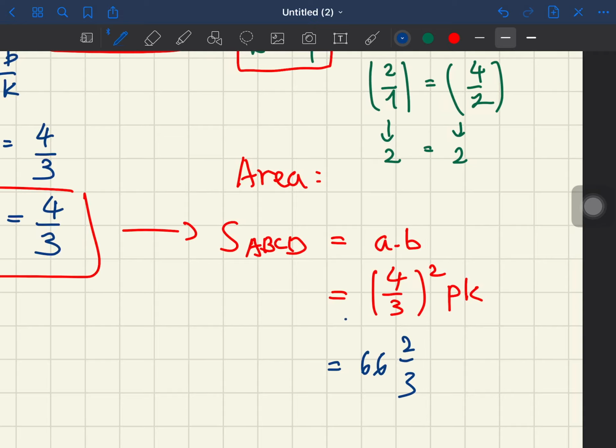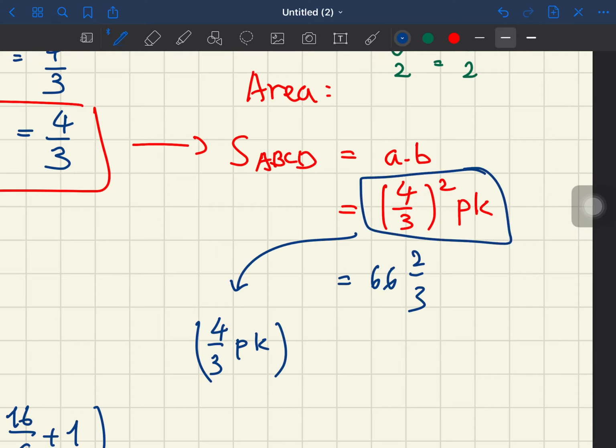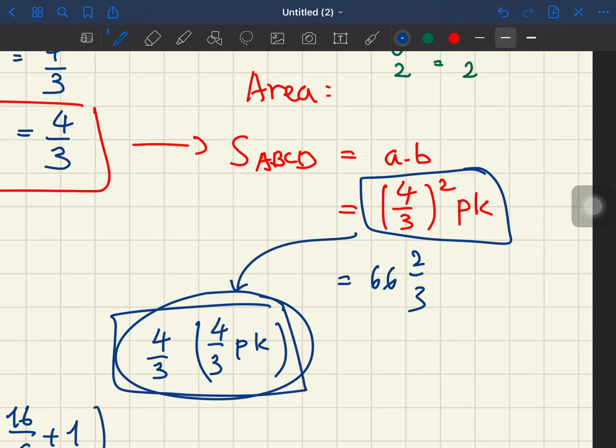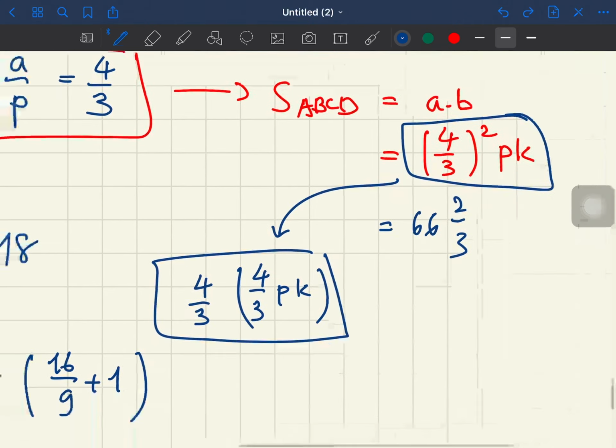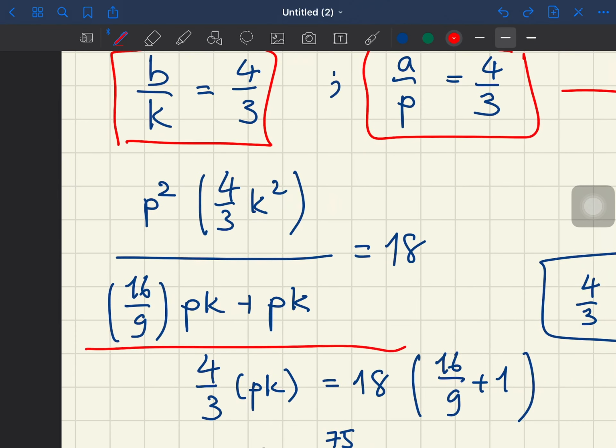If you try to recall, I want to actually find the 4 over 3 PK, and we actually have this inside this red expression by just separating the 4 over 3 squared into 4 over 3 times 4 over 3. And so you can get this. So this one equals the red one. And so we can just find 4 over 3 PK from the left equation, which is this one.